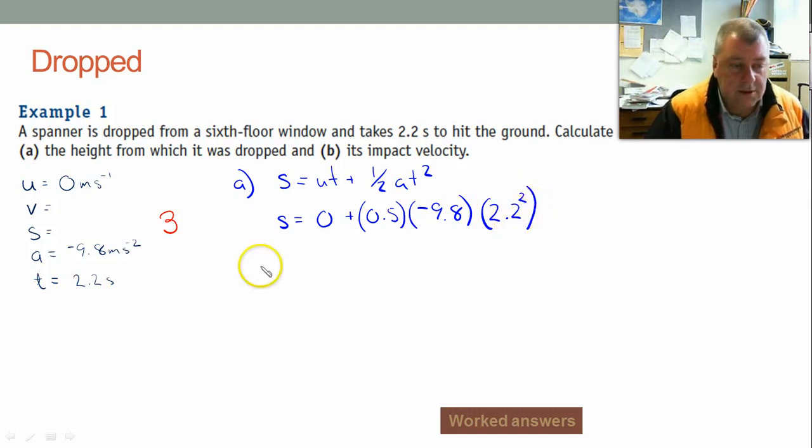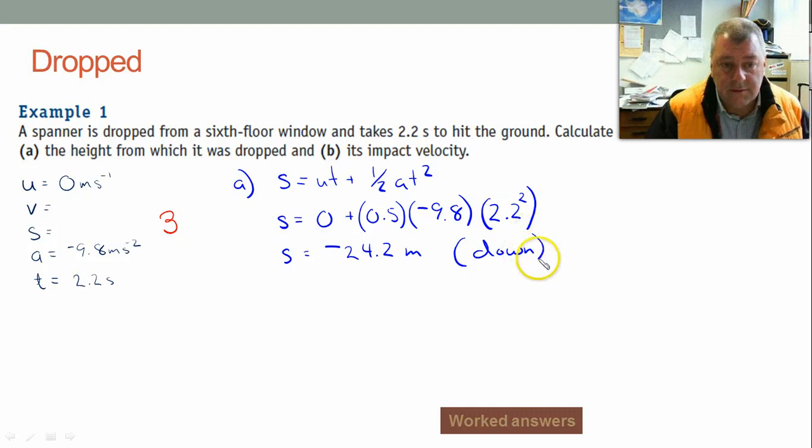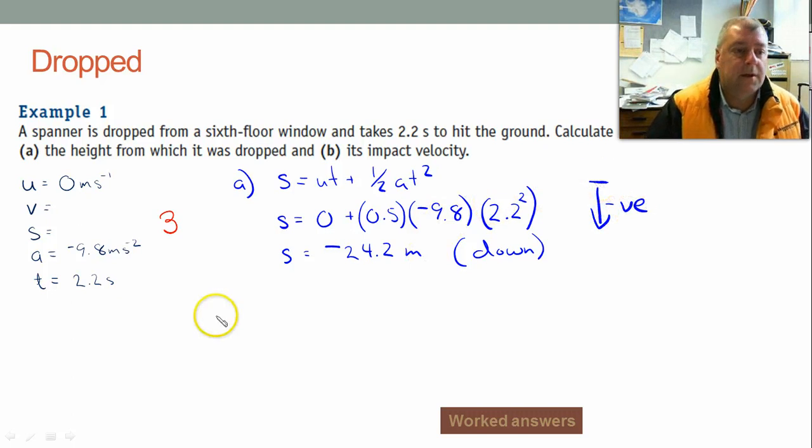Remembering that's the only thing that's squared, so we put that in and we get s. In this case, because we've got a minus there, our answer will be minus 24.2 meters, telling us that that is going to be down from its starting position, because again we've said that down is negative from our starting position.